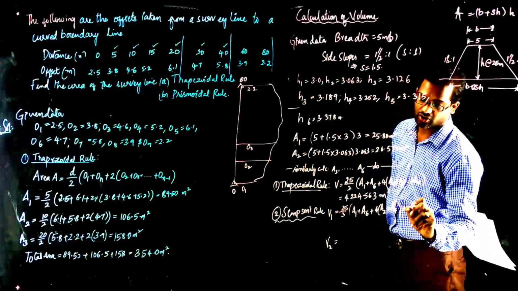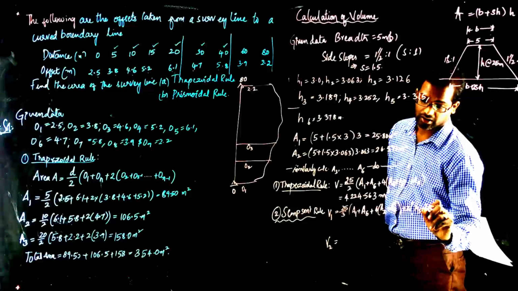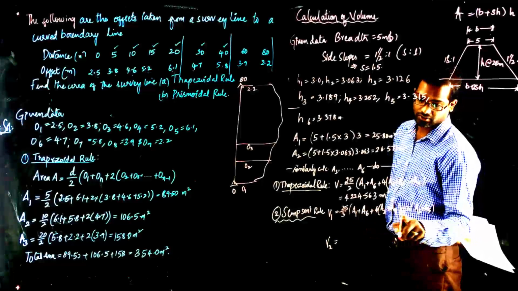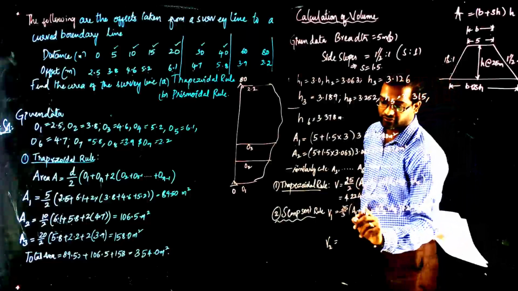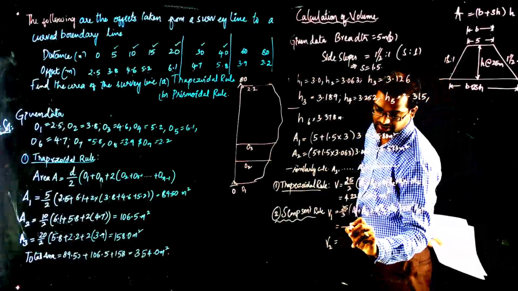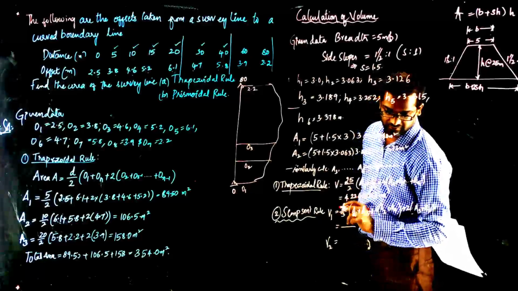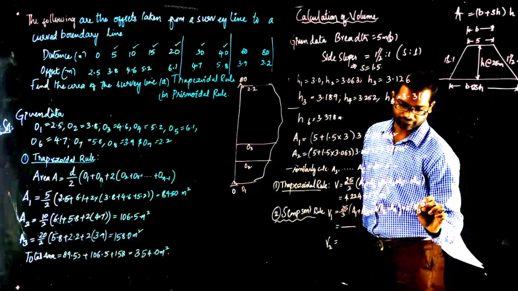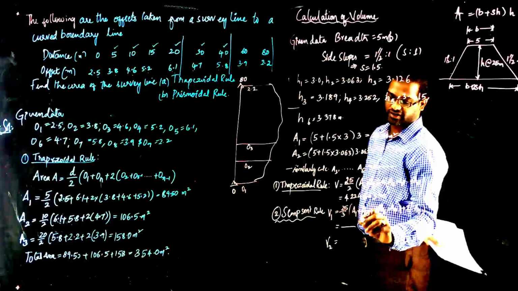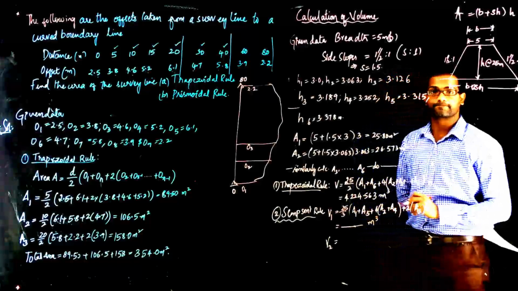Then 2 times odd ordinates, which is A3. Here the areas are 1, 2, 3, 4, 5 and 6. Now we have to substitute here 5, right? For the first 5 areas, please calculate the area.